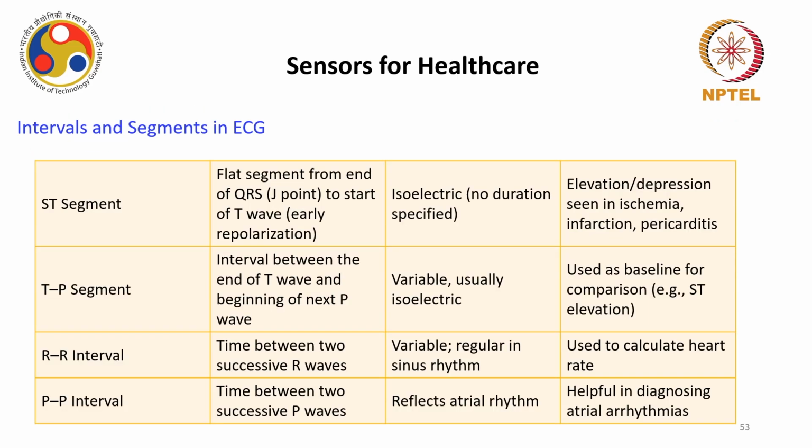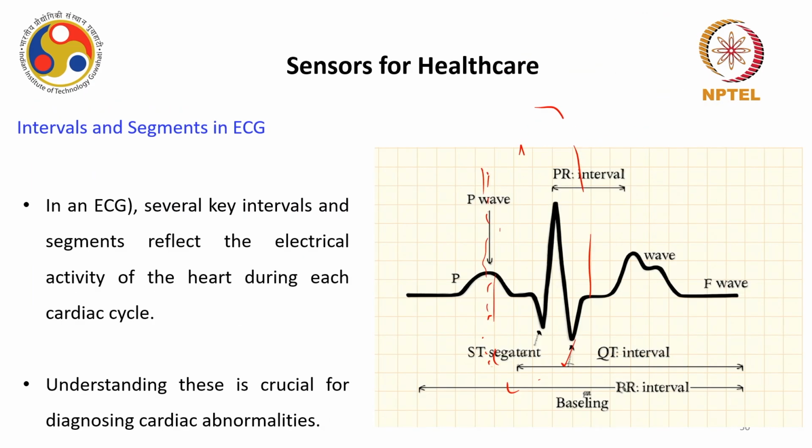There are other health conditions which arise from other segments, like the ST segment, the TP segment, the RR interval, as well as the PP interval. As the name suggests, the PP interval is the time between two successive P waves. So this is a list of different heart conditions for these different segments, and based on this the ECG signal analysis is done.